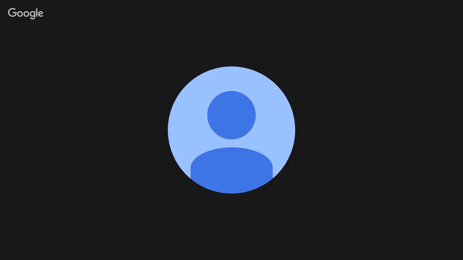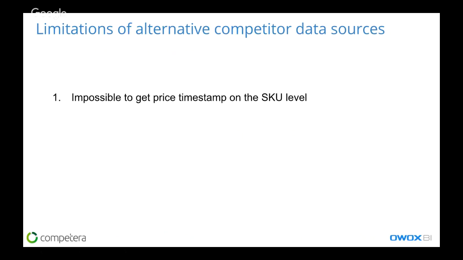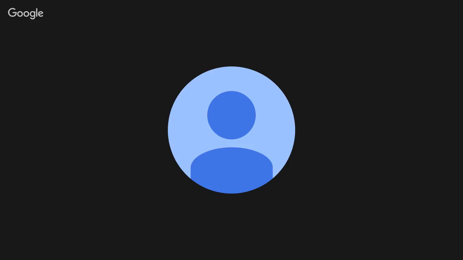We have an image of how the data should be structured and transferred between some environments that we have internally, and how to generate some insight from it. And I would like to drill down to the source of competitive data itself, and why it is so important to make sure that you're getting proper competitive data.